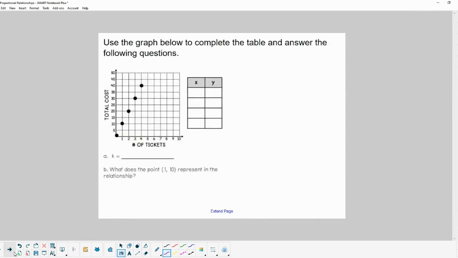All right, so let's see how this works then. We want to find k. So instead of doing up and over like we did with slope, let's just look at our first one. We've got an x value of 1 and a y value of 10. So my constant of proportionality in that case would just be 10.